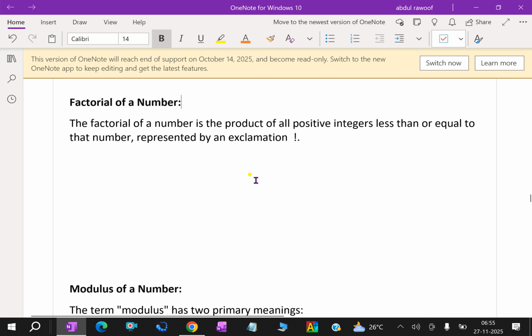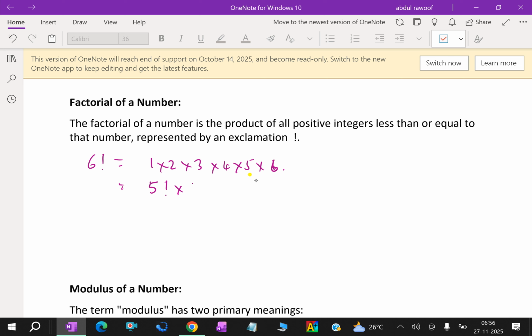Suppose 6 factorial can be written as 1 into 2 into 3 into 4 into 5 into 6. This can be further written, up to 5, as 5 factorial into 6.